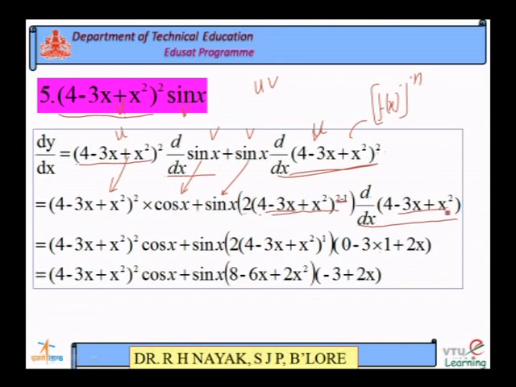Finally, it reduces to 4 minus 3x plus x square whole square cos x plus sin x into 2, multiplied with the whole bracket: 2 into 4 is 8, 2 into minus 3 is minus 6, 2 into x square is 2x square, into the bracket minus 3 into 1, minus 3 plus 2x.